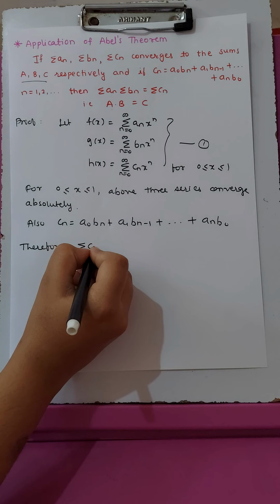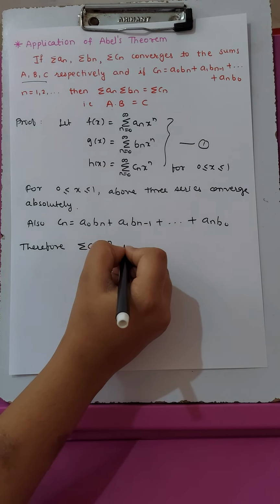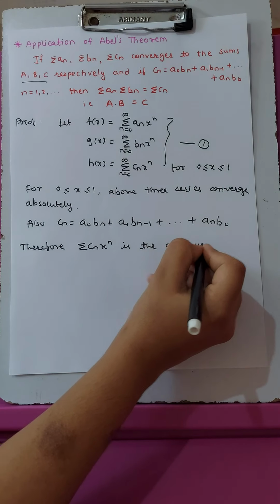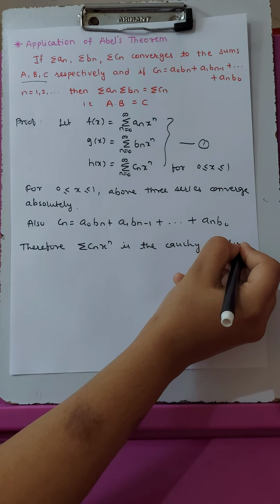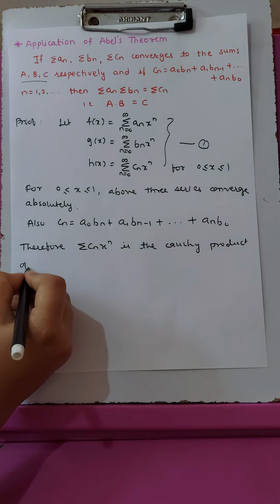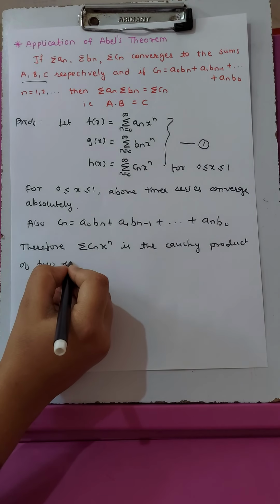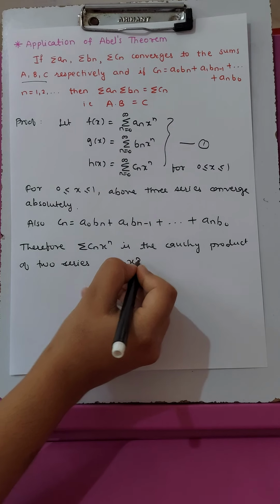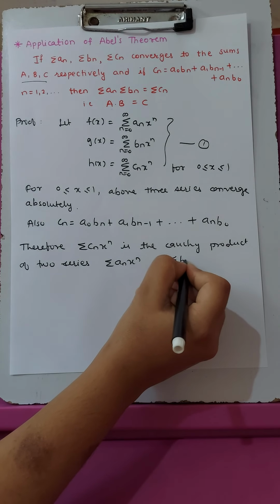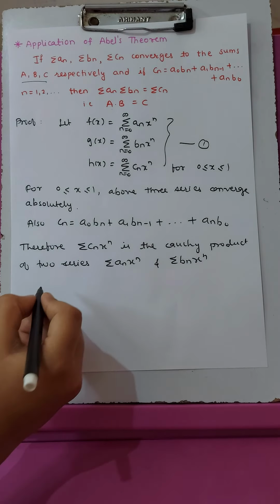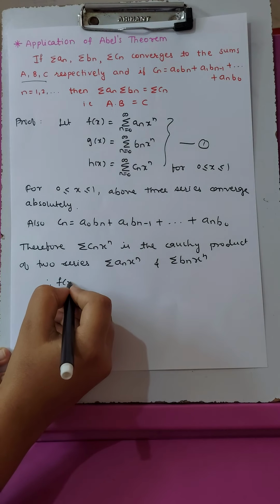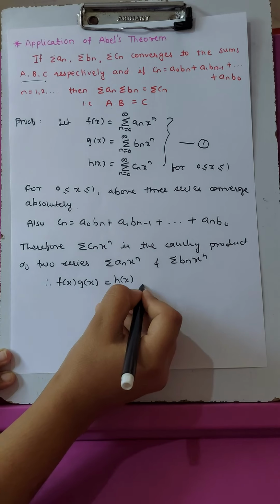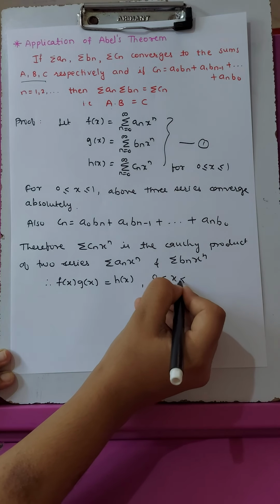Therefore the summation cn x to the power n is the Cauchy product of the two series, that is, summation an x to the power n and summation bn x to the power n. Therefore f of x g of x is equal to h of x for 0 less than x less than 1.